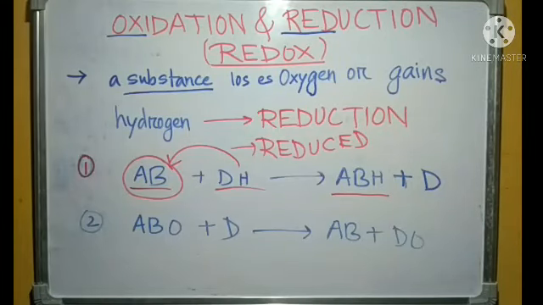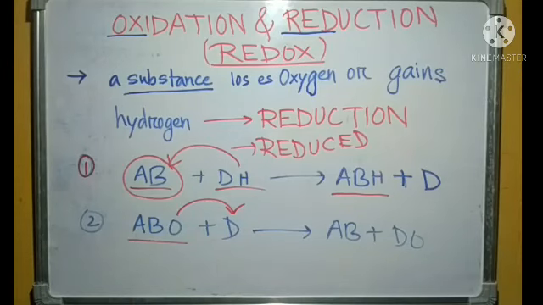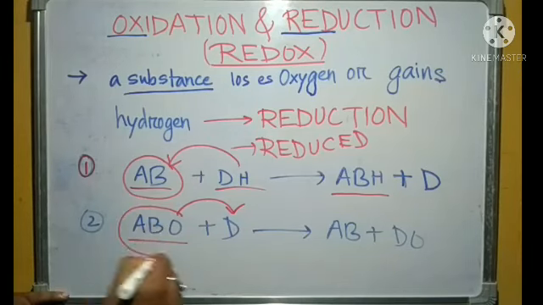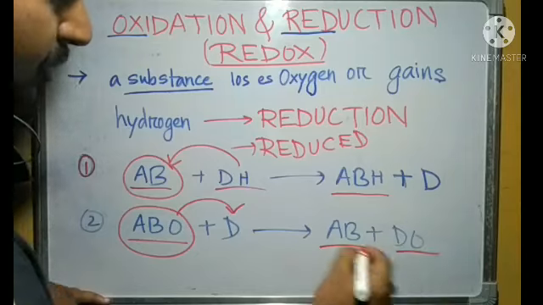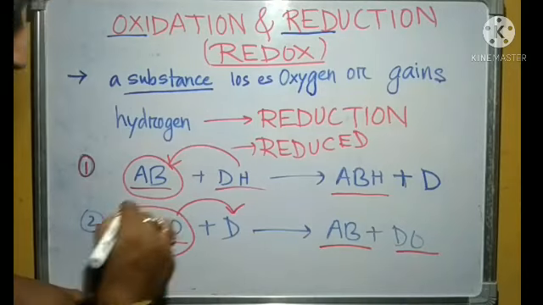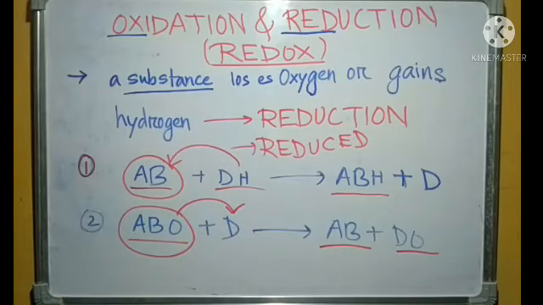Similarly, in this case ABO is a reactant which has an extra oxygen atom. If this oxygen gets transferred to another reactant, the ABO reactant is losing an oxygen atom. After the reaction we will get AB and the other product. That is, ABO is converted into AB by losing an extra oxygen atom.